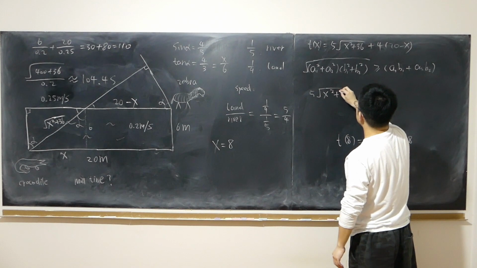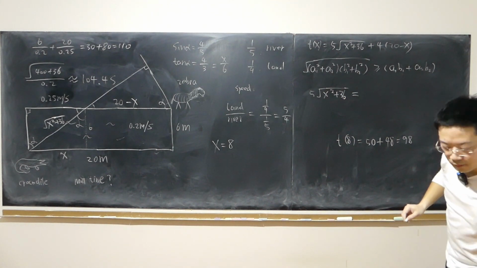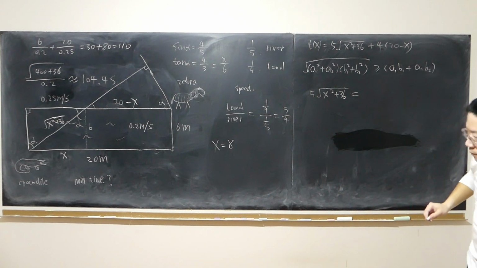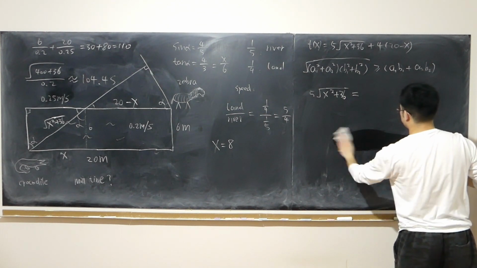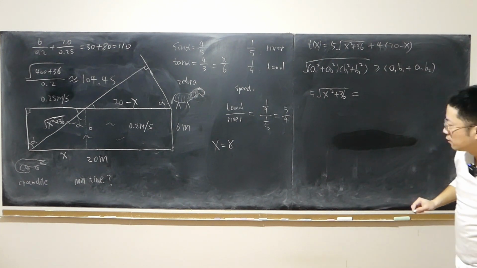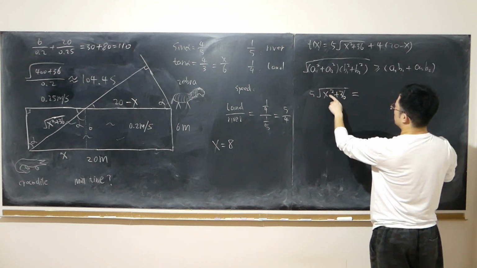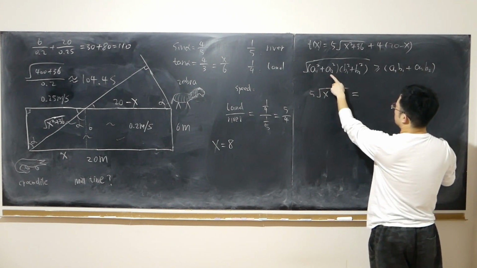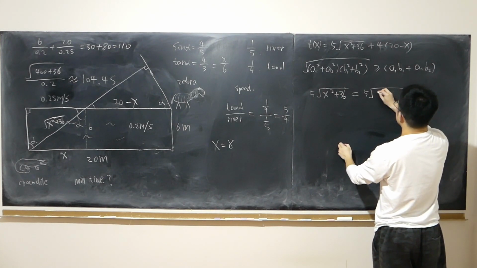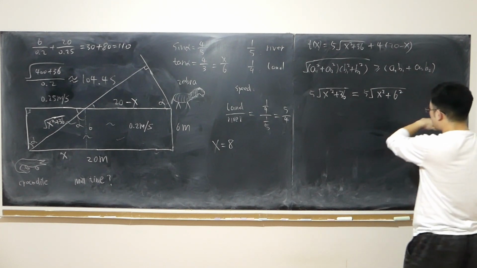How can I rewrite it? So can I say that x is a1 and 6 is a2? Can I write that? So x squared plus 6 squared.